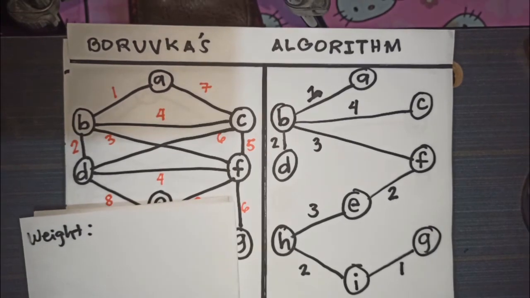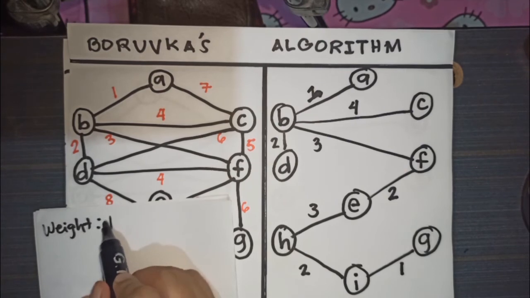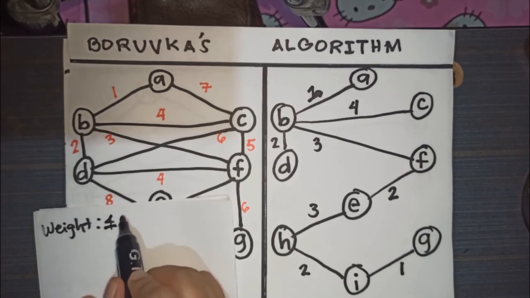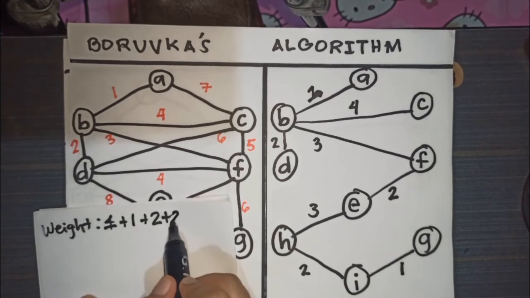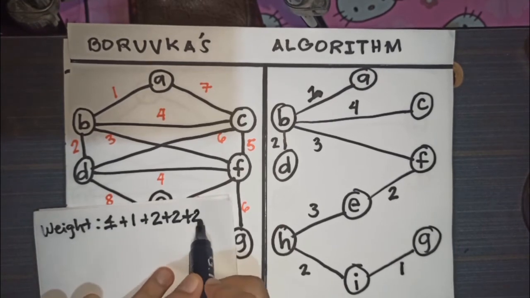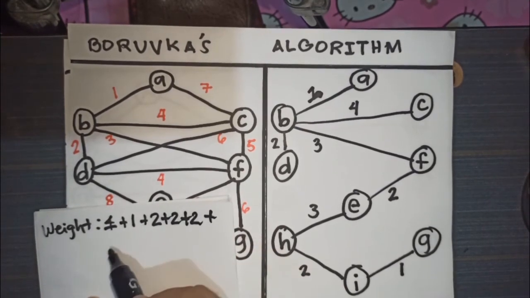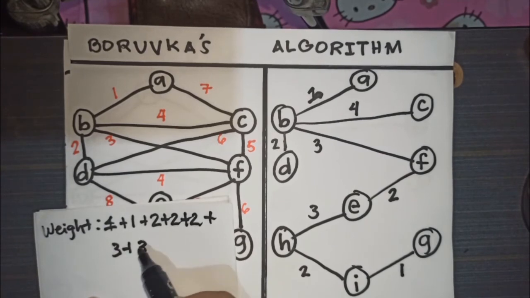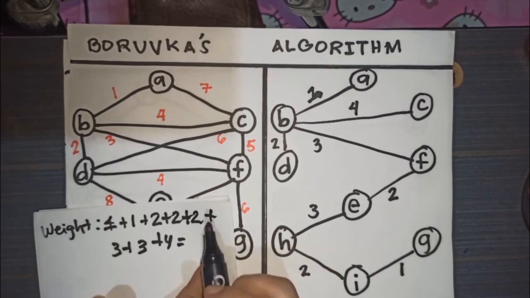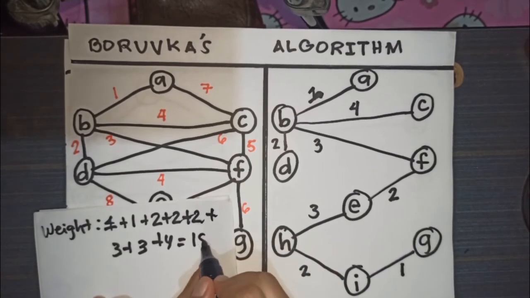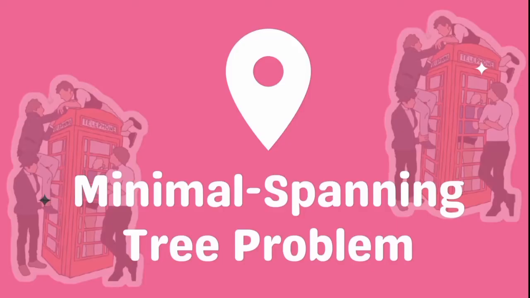So for our weight, we have 1 plus 1 plus 2 plus 2 plus 2 plus 3 plus 3 and plus 4. So the weight of this spanning tree is 18. Thank you and see you at our next lesson.